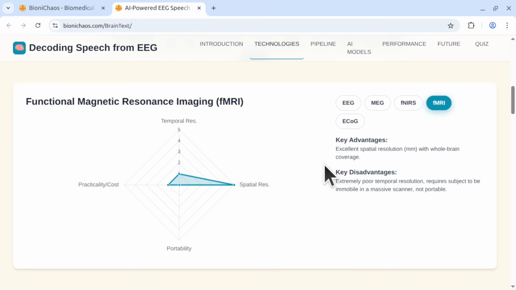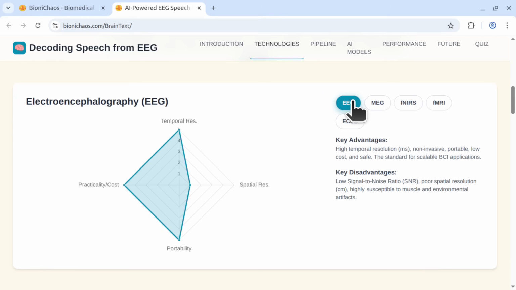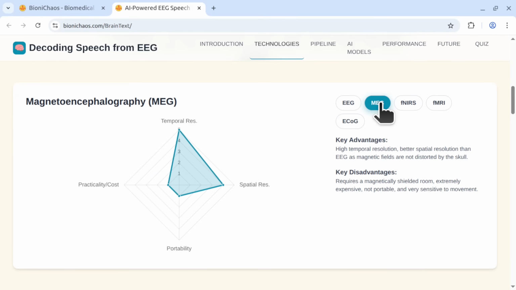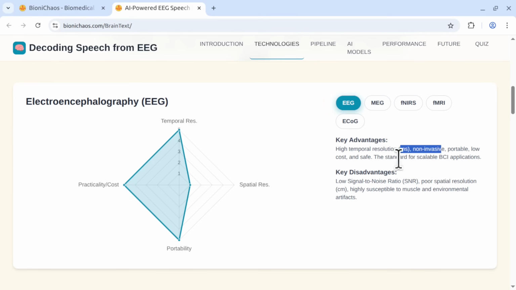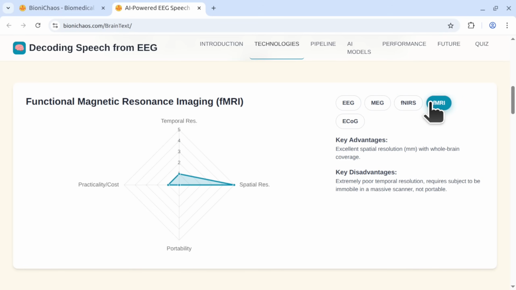Portability. fMRI has low portability, requiring subjects to be immobile in a massive scanner. In summary, ECoG excels in both temporal and spatial resolution, while fMRI has excellent spatial resolution but poor temporal resolution. Both are low in practicality/cost and portability.